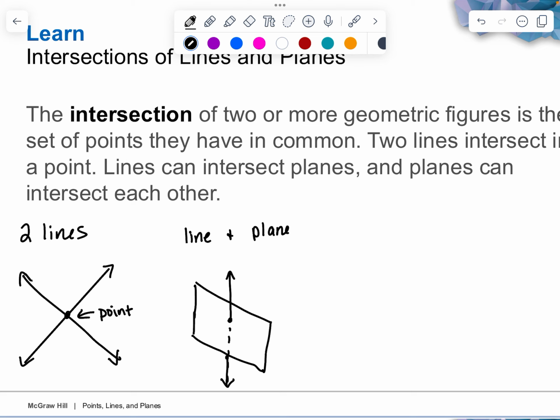It's pierced the plane right there and it's gone through it. It goes through it at also a point. A line and a plane intersect at a point as well. And then if we have two planes, okay, now this one always gets me tricky here for drawing. Let's see if I can do it.